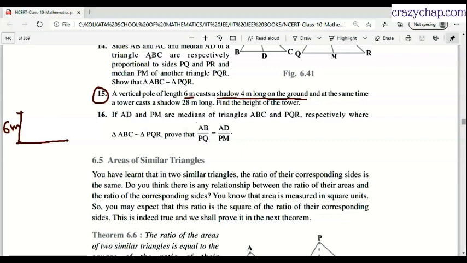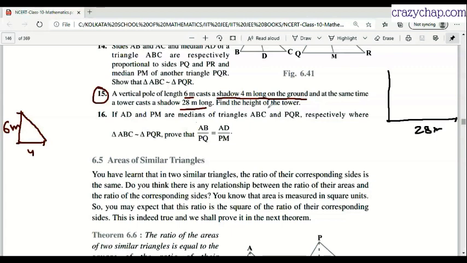That shadow is 4 meters long. And then at the same time, a tower casts a shadow 28 meters long. So there is a separate tower somewhere at the same time, which casts a shadow of 28 meters.